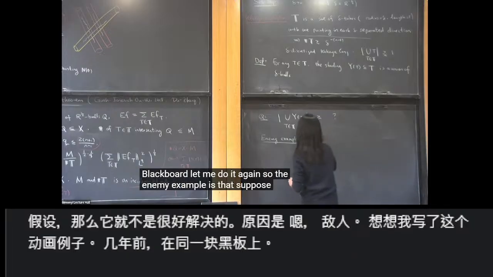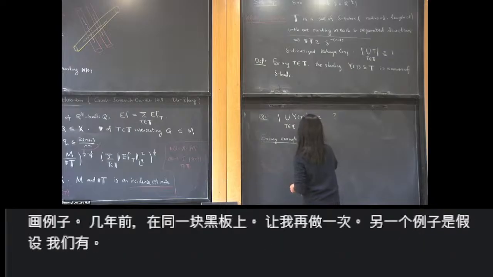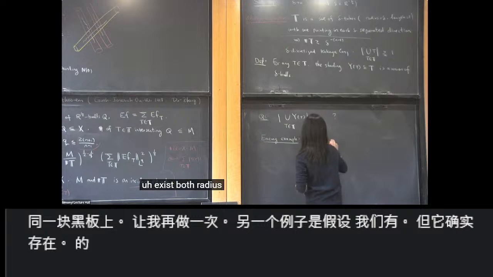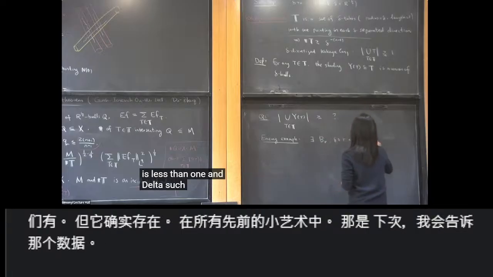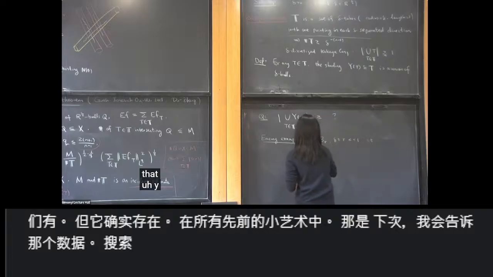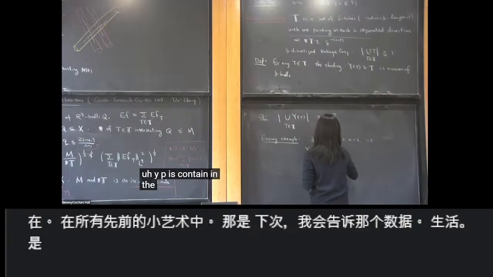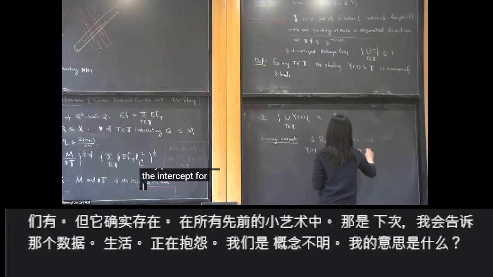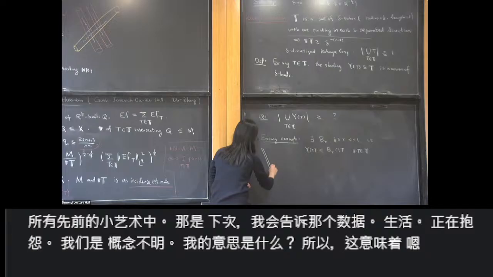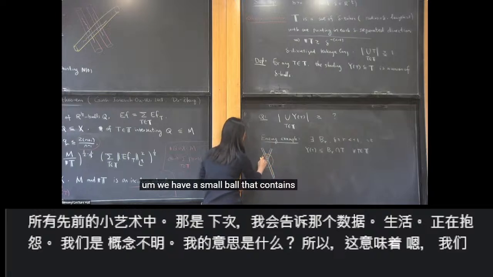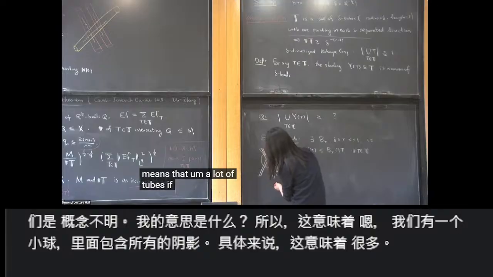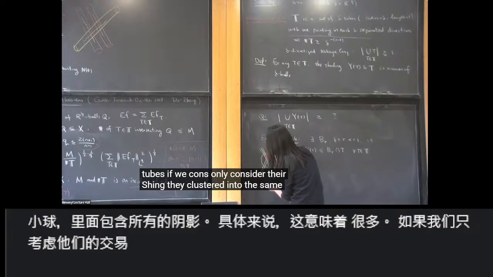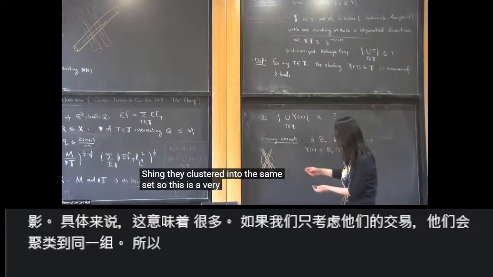Suppose there exists a ball of radius small r, where r is less than 1 and greater than or equal to delta, such that Y_T is contained in the ball for any T. So this means we have a small ball that contains all the shadings. In particular, a lot of tubes, if we only consider their shading, cluster into the same set. So this is a very bad example.